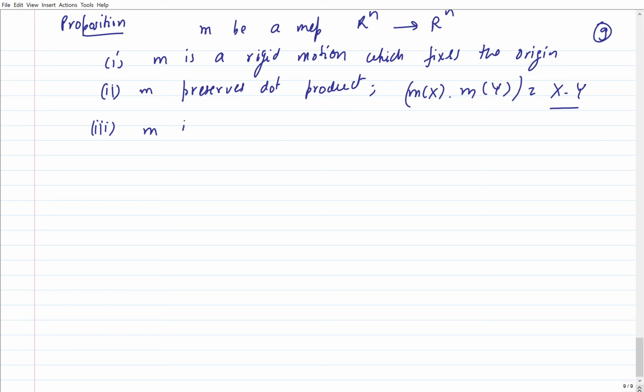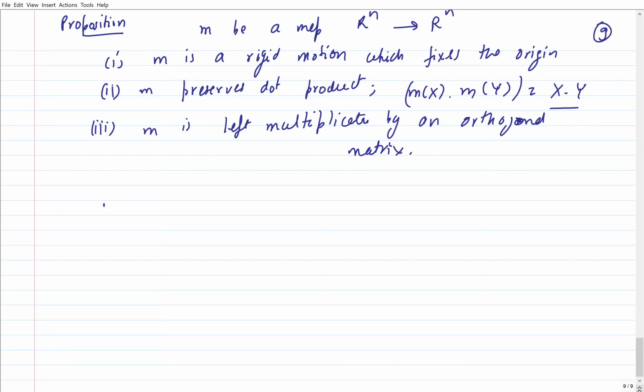M is left multiplication by an orthogonal matrix. So I hope you are appreciating the connection.